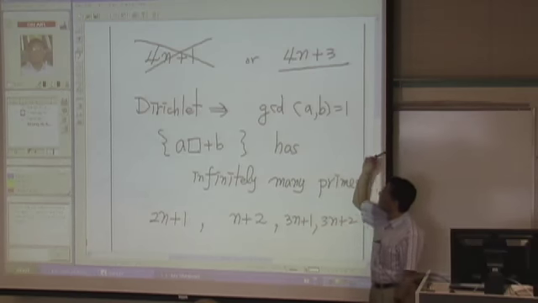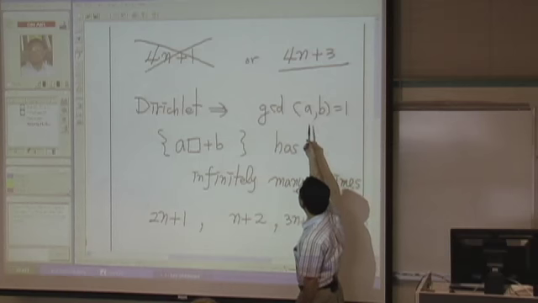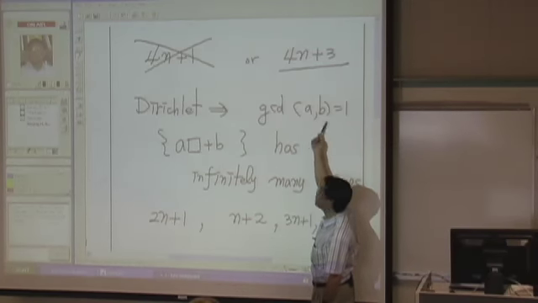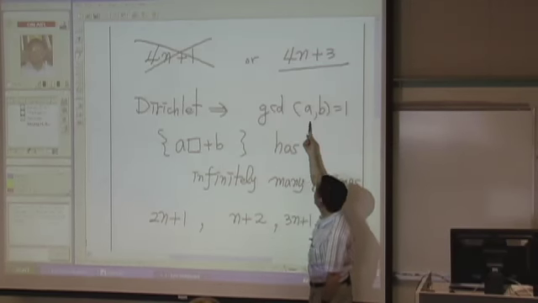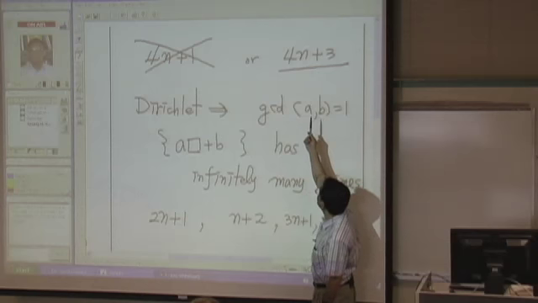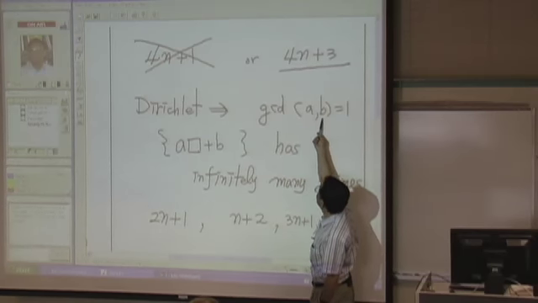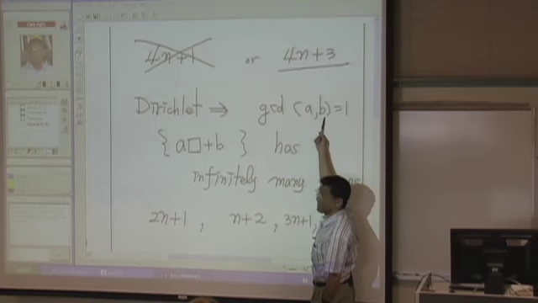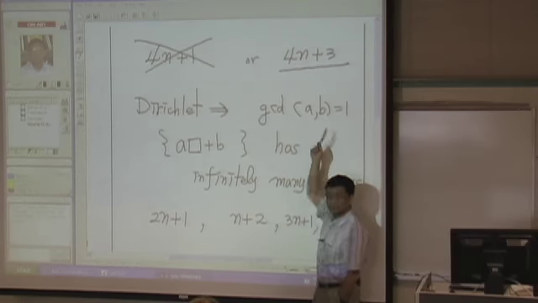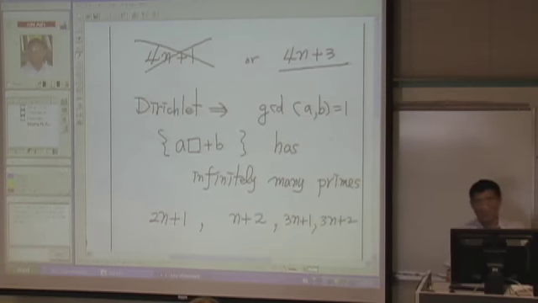Dirichlet completely proved this case, but as I mentioned before, this requires some tools, especially called L functions. So instead of studying L functions here, we will pick just one number for A and one number for B. So we chose 4 and 3. Any questions? Then let's do it.